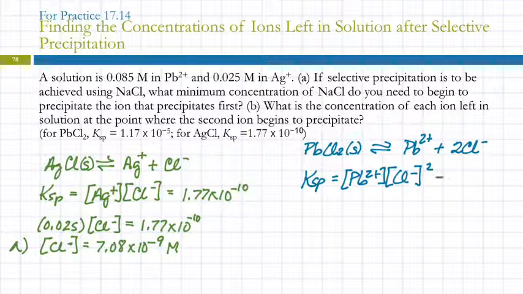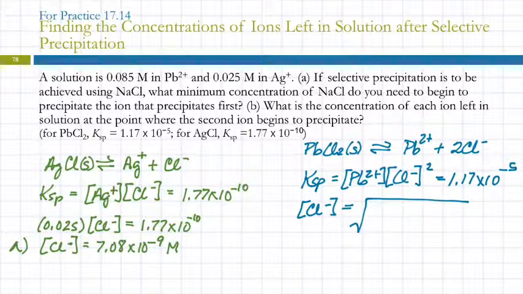So this is equal to 1.17 times 10 to the minus 5. So the chloride ion concentration, because that's squared, it's going to be the square root of KSP divided by the lead concentration, 0.085.